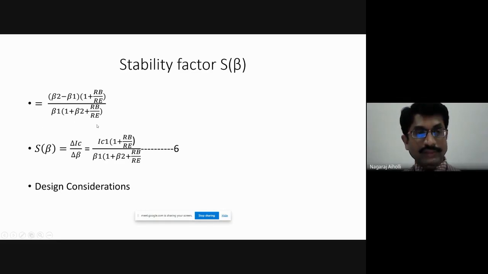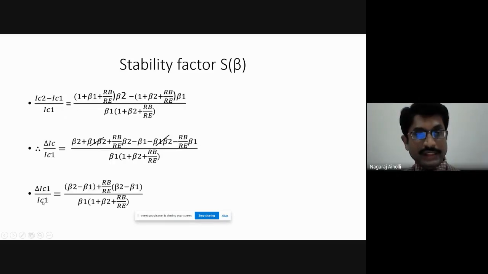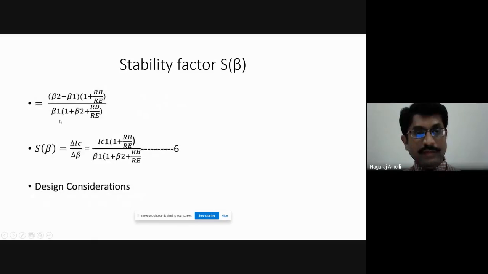So on one side we have delta IC by IC, and on the other side we have delta beta by beta 1. Delta beta is in the numerator, so it will come to the denominator, so it will be delta IC by delta beta. Then IC1 is in the denominator on the right, so it comes to the numerator, so it will be IC1 divided by beta 1, multiplied by 1 plus RB by RE divided by 1 plus beta 2 plus RB by RE.